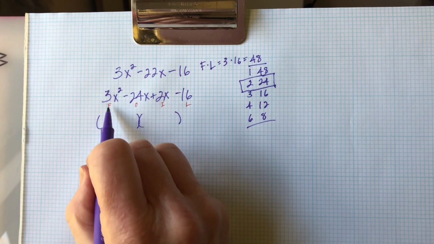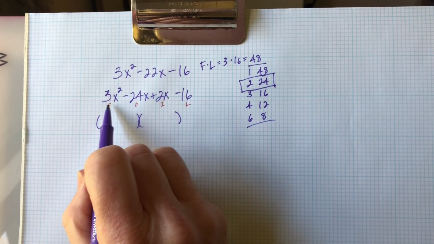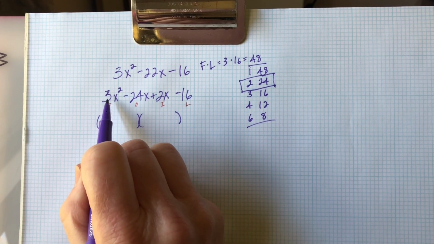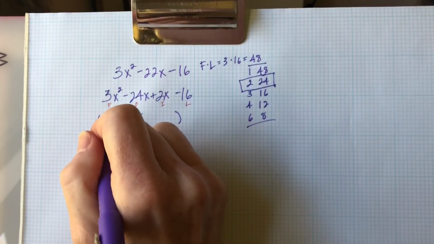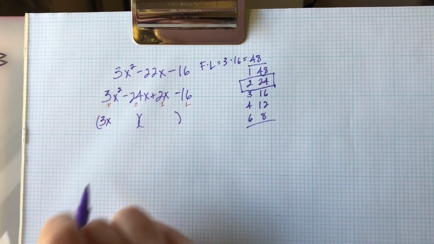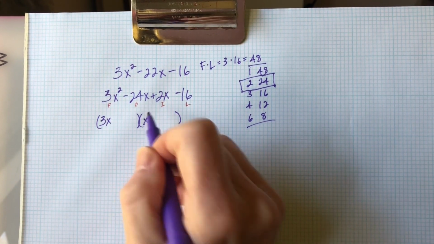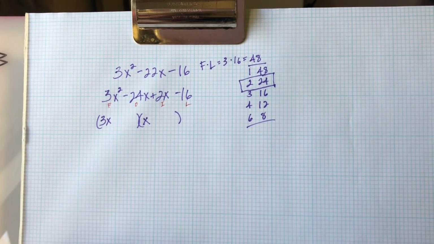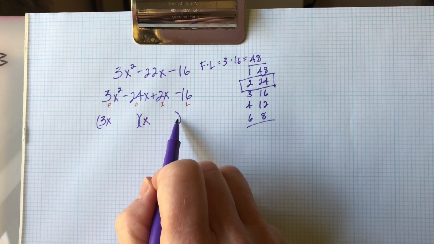So what do we put in the first position here? The way we're going to determine that is to find the GCF of this term and this term. And that's going to be 3x. And then 3x times what would give me 3x squared? That would be x.